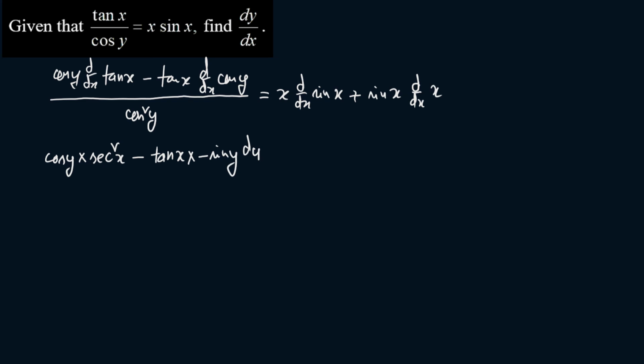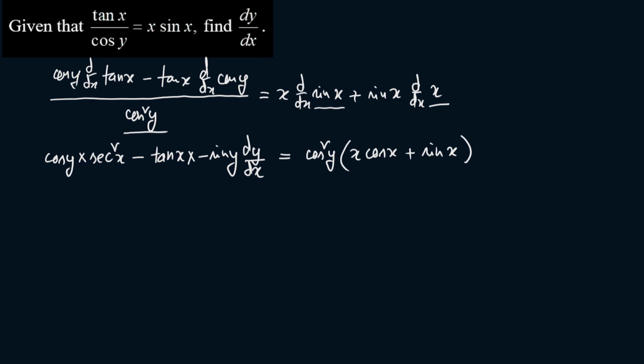Then we need to keep dy by dx according to the rule of differentiation of the implicit function, and let me take this cos square y on the right side, then it becomes cos square y, and in the bracket you can write x sin x. If we differentiate, it becomes x cos x plus sin x, and dy by dx of x is 1, so we do not need to write it.